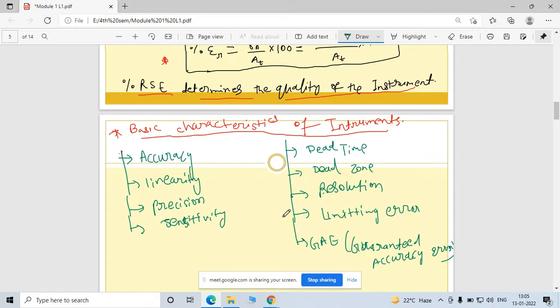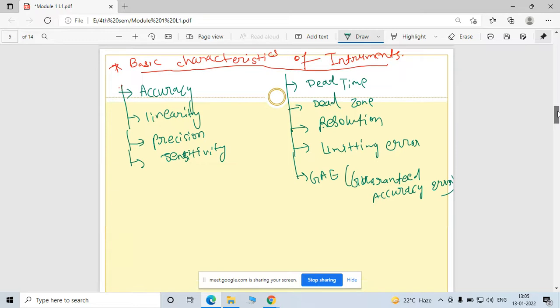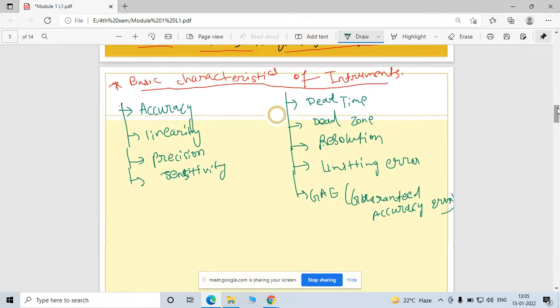While selecting the instrument, we have to be aware of all these terms, and we will see one by one which type of instrument should be selected for measuring any quantity to give an accurate result.